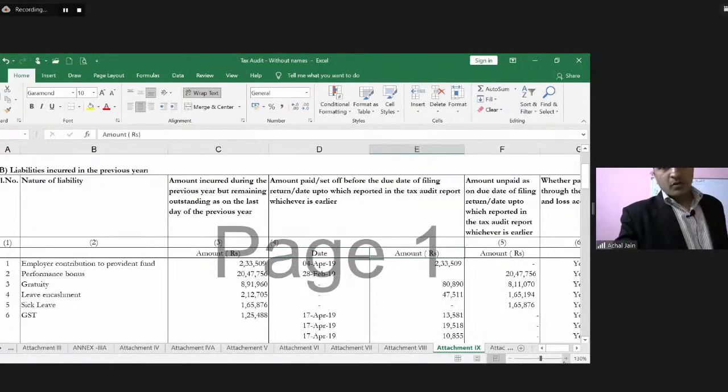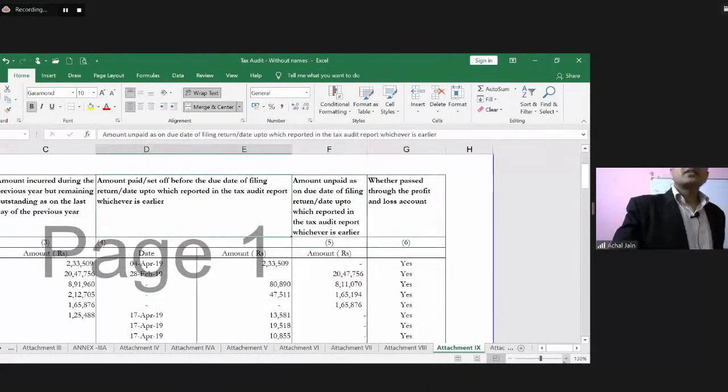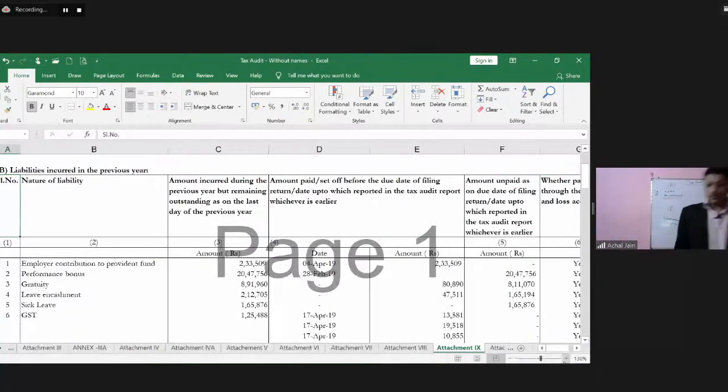So date and amount are required to be captured. Amount which is unpaid means the closing balance, and whether this was taken to P&L or not, means whether this amount moved to P&L or not. This is amount which is required to be recorded over here. Okay. Now I'll come to that point of confusion at the end.